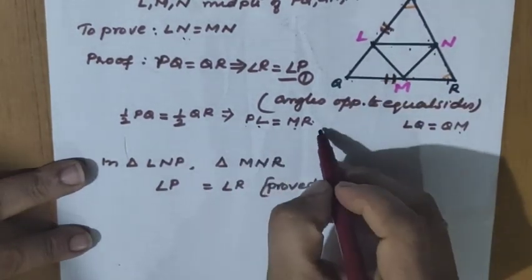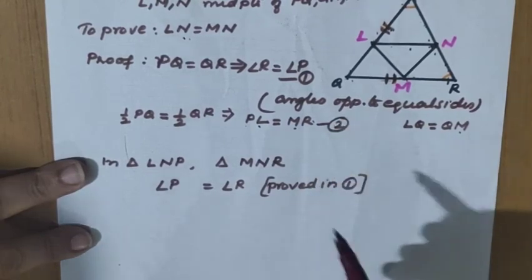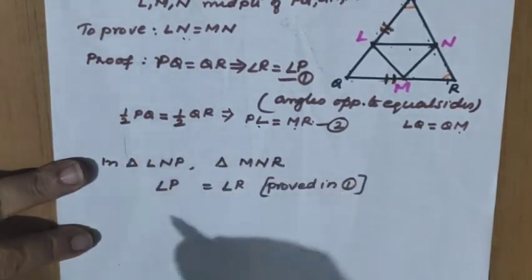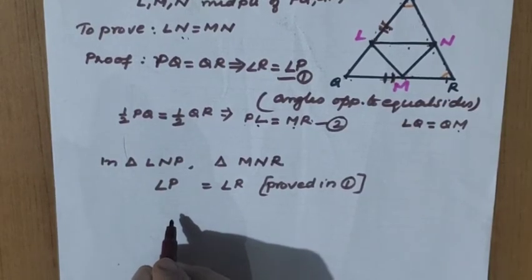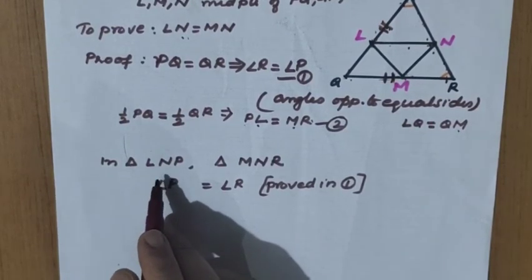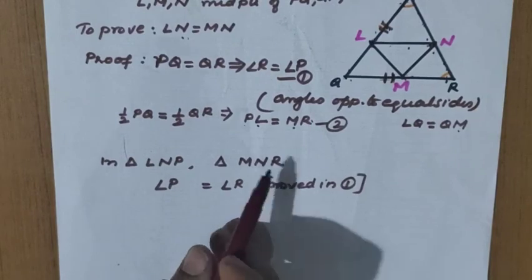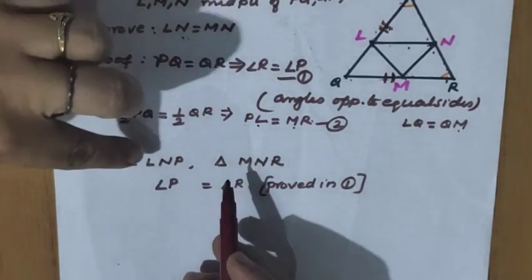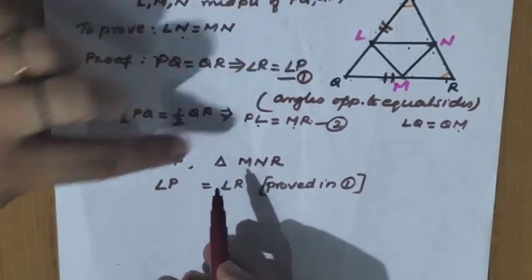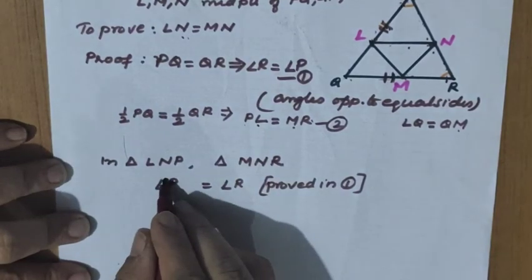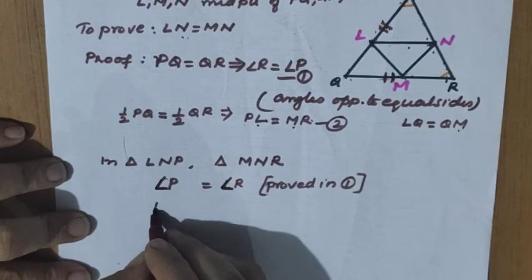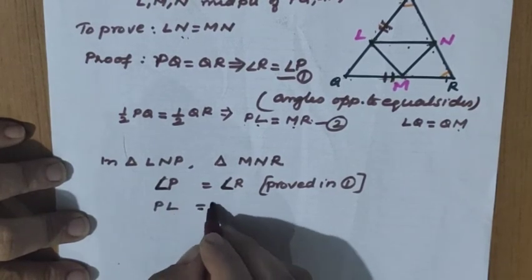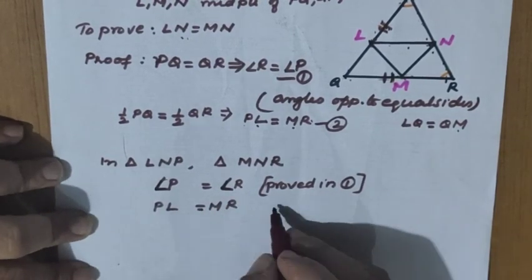PL equal to MR. I'll make it 2 only. Now half of PQ equal to half of QR means PL equal to MR. Now which side should I write first? LNP and MNR. So PL is coming, correct. PNL means PL is coming. So I'll write here, this is the angle only. Next, PL equal to MR, proved in 2.